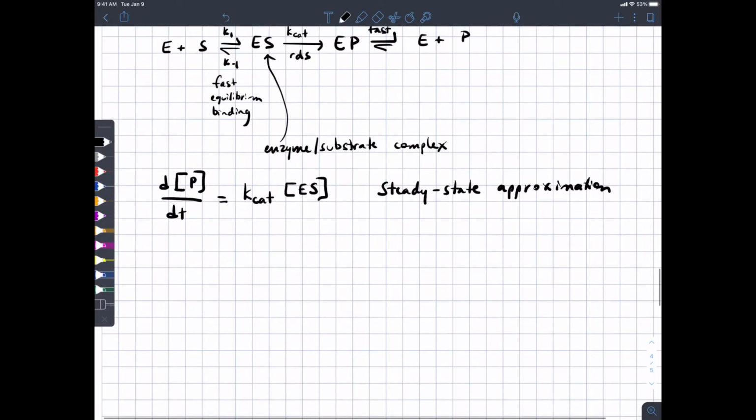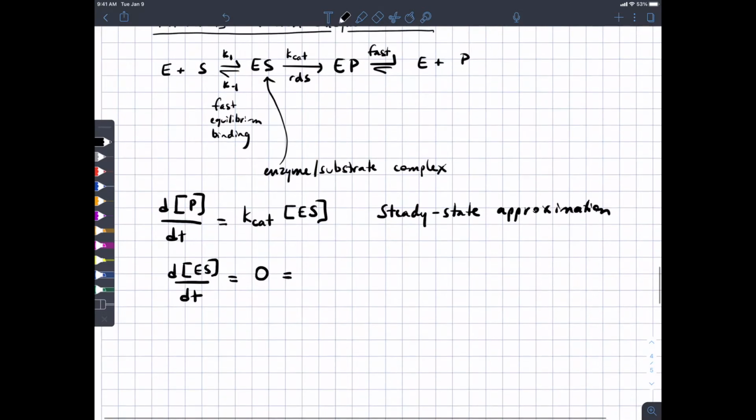So remember, the steady state approximation is to say that the rate of change in the concentration of the enzyme substrate complex is 0. So what causes the enzyme substrate complex to form? That would be this K1 forward rate term times enzyme concentration times substrate concentration.